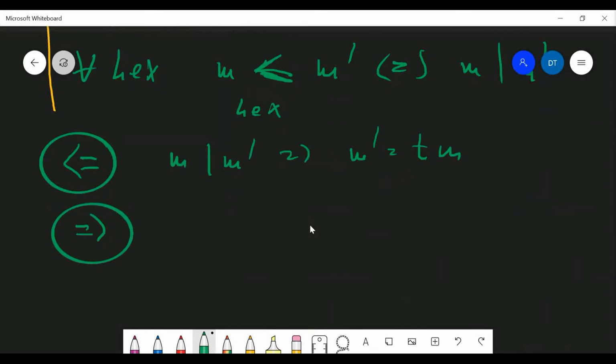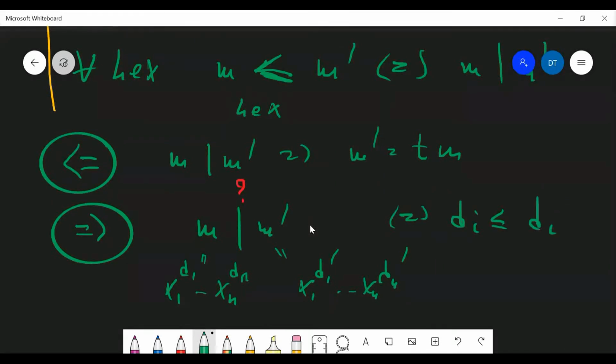So in order to prove this, what do you want to do? You want to prove that for any variable, so let's write this like this, and this one like this. So this happens if and only if di is not greater than di prime.